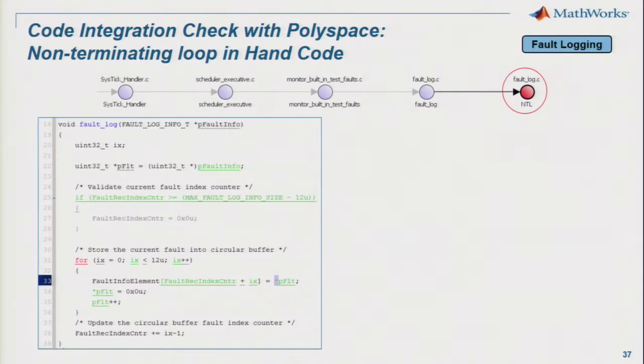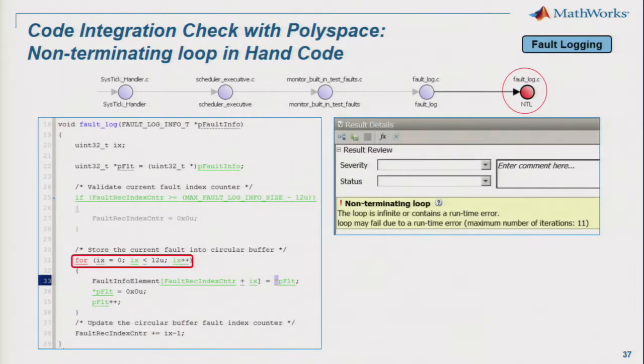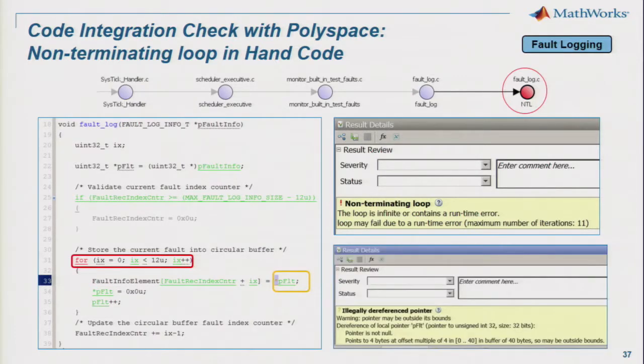So what does non-terminating loop mean? A very good question. I'll describe it as I go. Okay, I don't understand the term, but a non-terminating loop is caused by a pointer dereference. Okay. In the next slide, I'll try to describe it a little better.